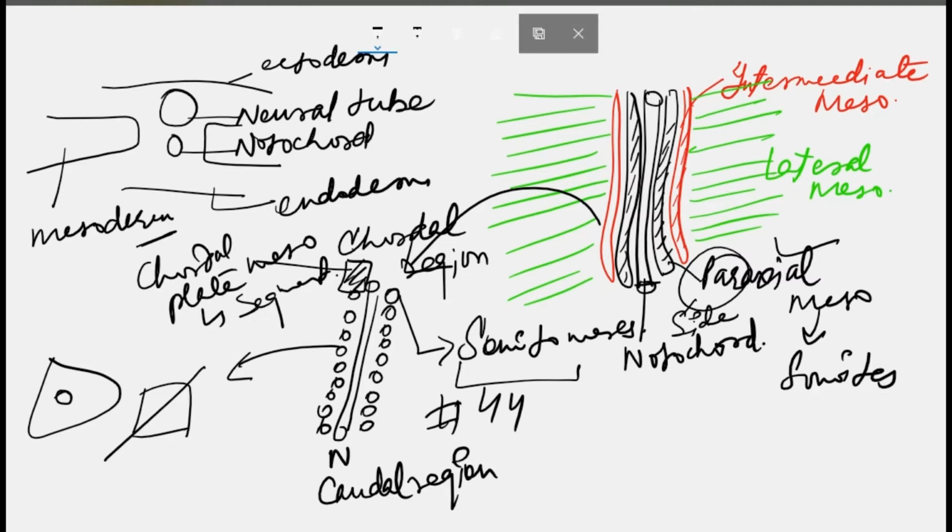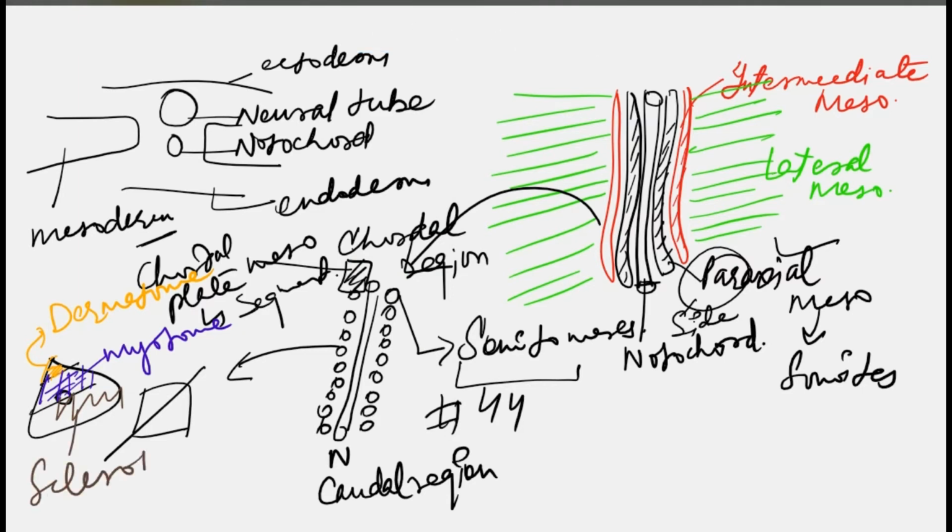This somite is going to have three zones. The first, the uppermost zone, is going to be called the dermatome. The second zone is going to be called the myotome. The third zone is going to be called the sclerotome.